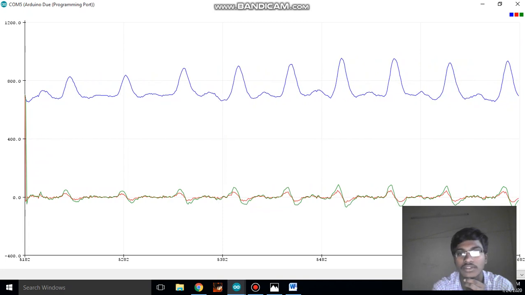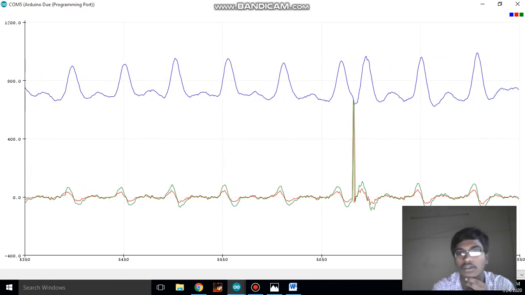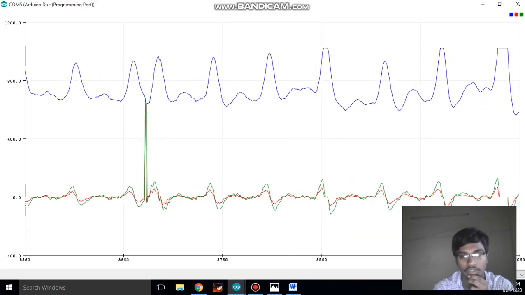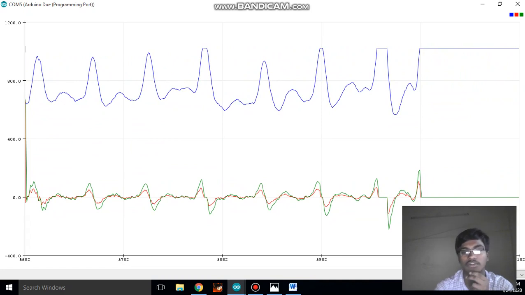We can see at this point the function is depending on... this is the first order differential, the red one, and the green one is the second order differential.